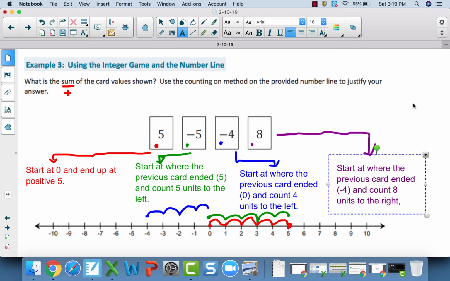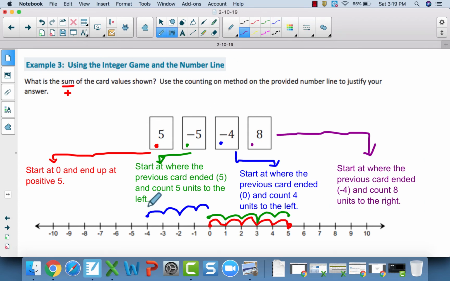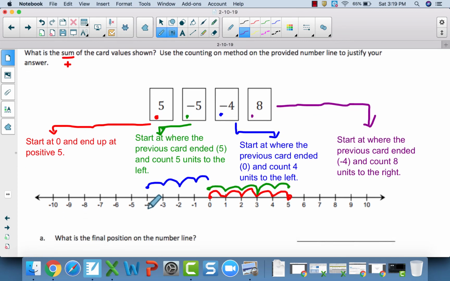Now I'm counting to the right because 8 is positive. So let me take my pen, and I'm going to go from here, and I'm going to count 8 to the right. Now I'm going to go underneath just because of room. So I'm here. 1, 2, 3, 4, 5, 6, 7, 8. I ended up at 4.